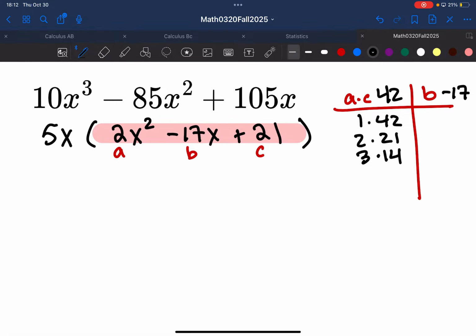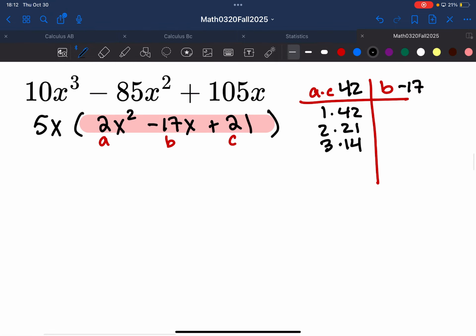Could you give both of them negative? Perfect, yes. You would want both of them negative in order to add to that negative 17. So this is negative 3 plus negative 14. And again, the reason for that is a negative times a negative gives us a positive. So it's okay that they're both negative. We still multiply to our 42, and now we add to our negative 17.